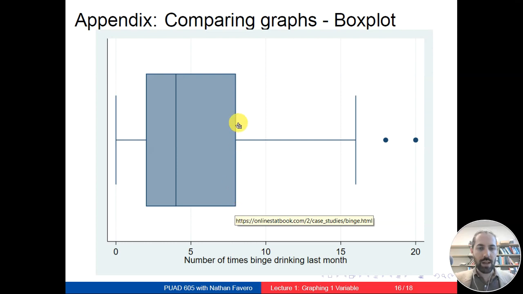Because we know that the box part of the box plot is depicting the range from the 25th to the 75th percentile, we can say that 75% of these students are binge drinking fewer than 8 times a month, or maybe also 8 times a month, 8 or fewer times a month, I should say, to be really precise. And again, we can see that there's a few outliers here.